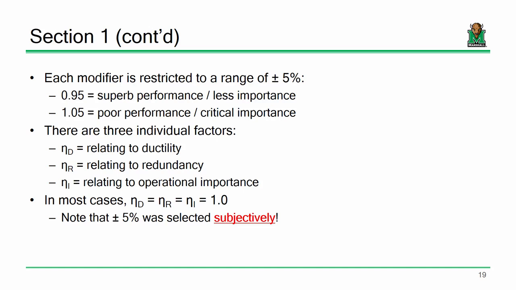Let's take redundancy. Redundancy is another critical term in the world of bridge engineering, and it got a lot of press about 10 years ago when I-35 failed in Minnesota. But basically, redundancy is the idea that if I have a bridge and a component of that bridge fails, can the rest of the system shift around that load and still carry load safely?